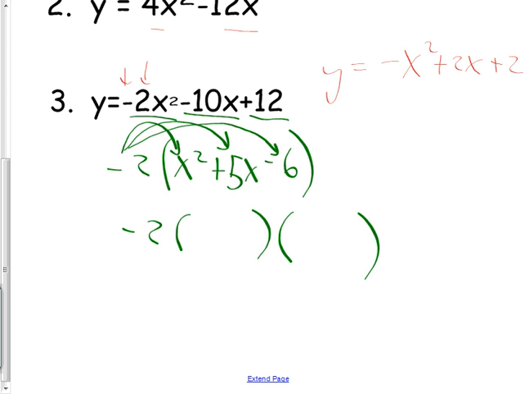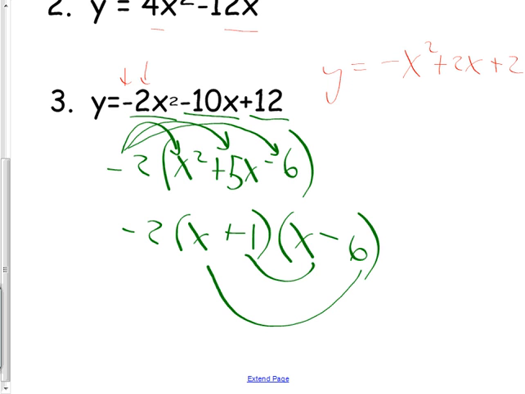This can be broken up into parts, x, and how do I make a negative 6 by multiplying and use those same 2 numbers and make a 5? It's probably a 6 and a 1. It actually could be a 2 and a 3, but it doesn't actually work. So I'm going to save the time trying that and having it fail. A 6 and a 1. And now of those 2, I've got to just try it. I'm going to go plus and minus and see if I did it right.